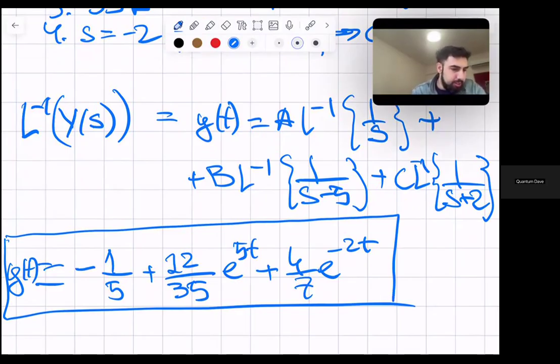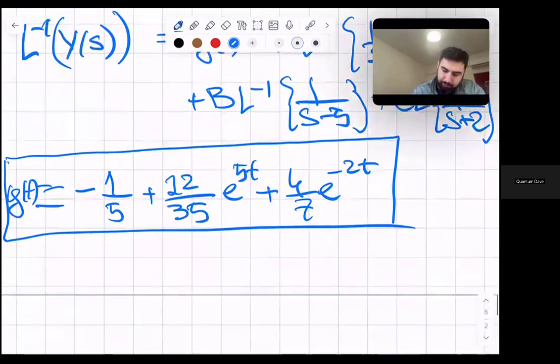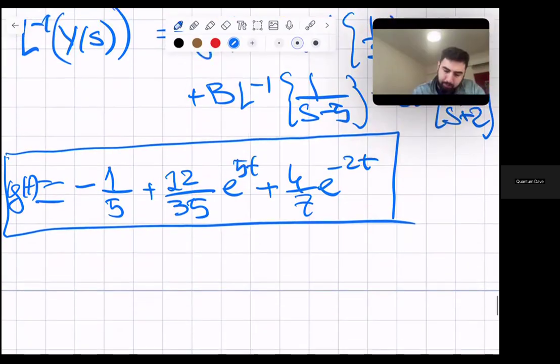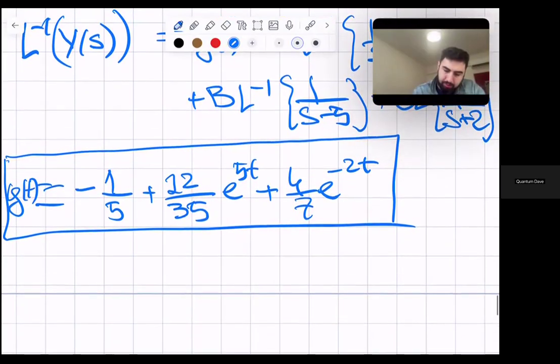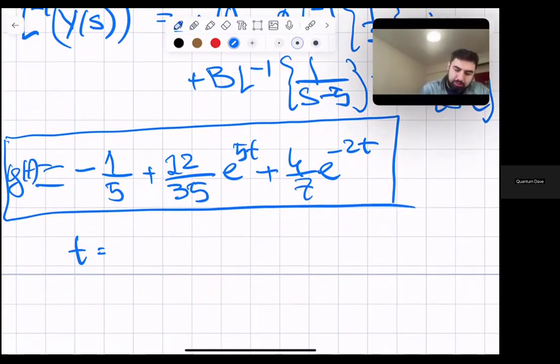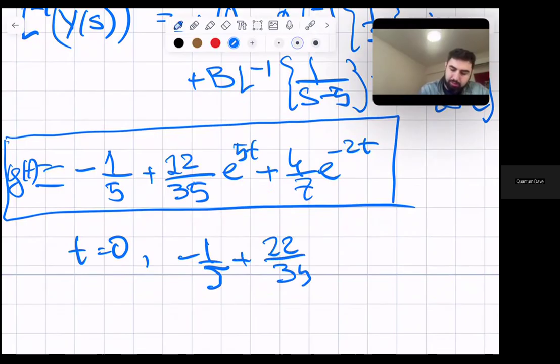And we could make checks that at t equals 0 it should give us 1. Do we get the 1 or no? Minus 1 over 5 plus 22 divided by 35 plus 4 over 7.